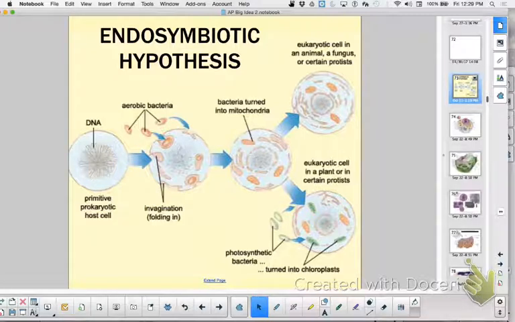Okay, did they say how a eukaryotic cell could have evolved from a prokaryotic cell? And did they say that one prokaryote could have engulfed another prokaryote? Specifically, bacteria that were like mitochondria and like chloroplasts. And our evidence would be that mitochondria and chloroplasts have their own DNA.